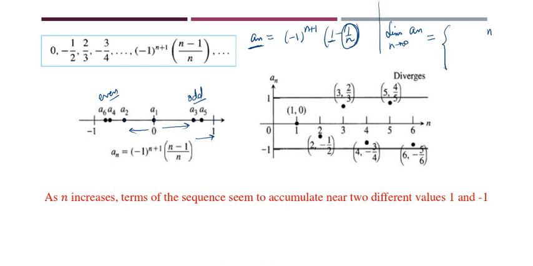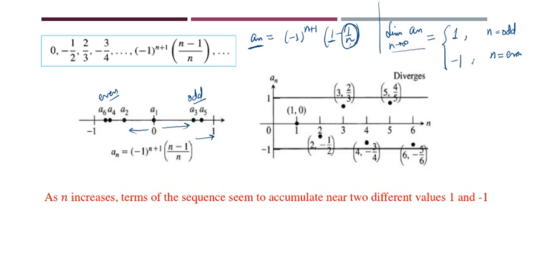When your n is odd, minus 1 raised to the power n plus 1 is odd plus 1, which is even, so this is positive 1, so this will tend to 1. When your n is even, n plus 1 is odd, so this is negative, and since n tends to infinity, this is 0, so this is minus 1.